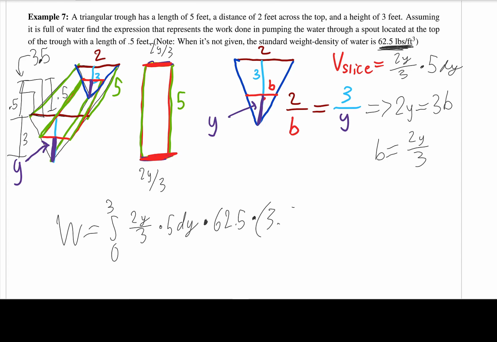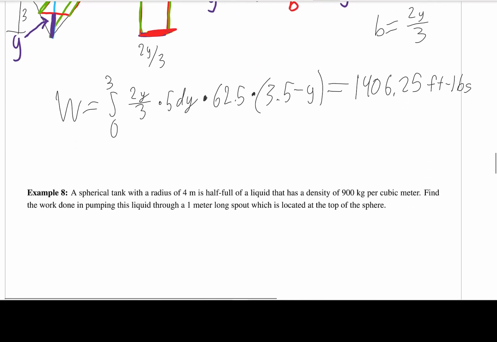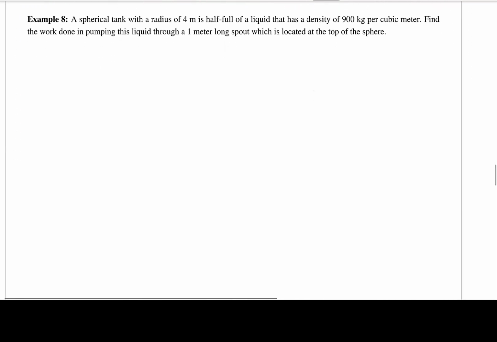So this should be 3.5 minus y, which gives us the vertical distance from our slice to where we're pumping the water out of. And when we integrate this and calculate, we should get 1406.25 foot-pounds.